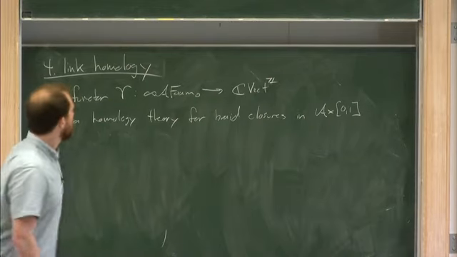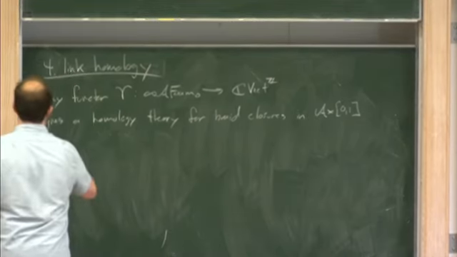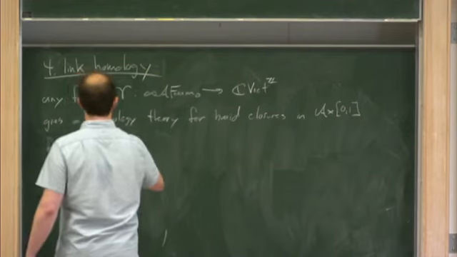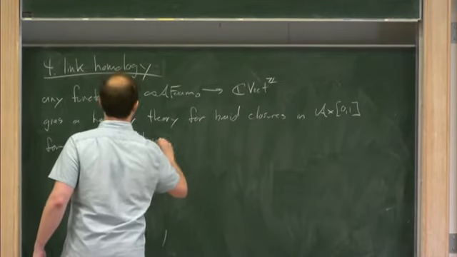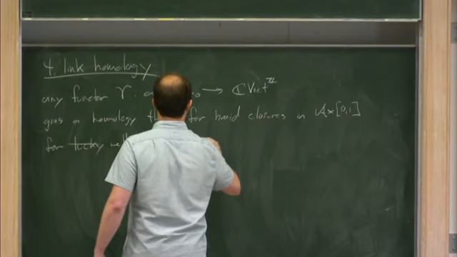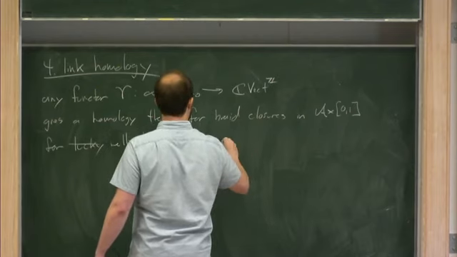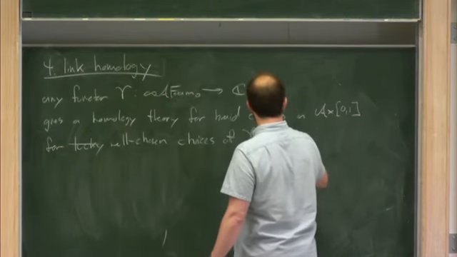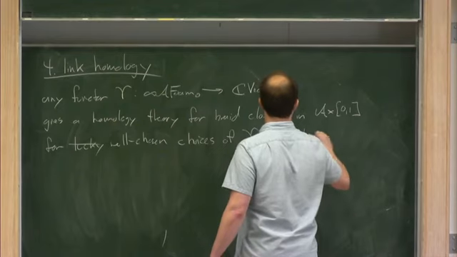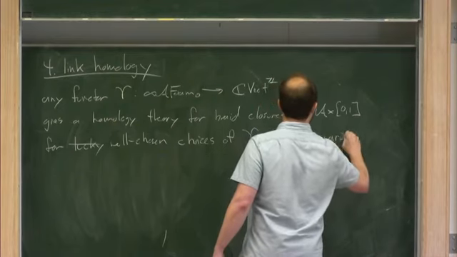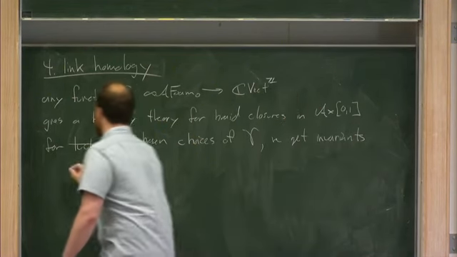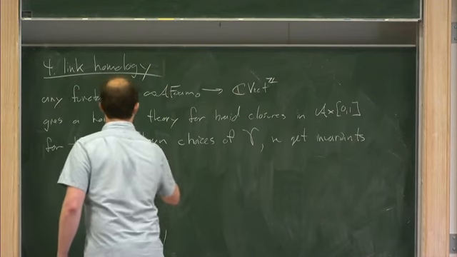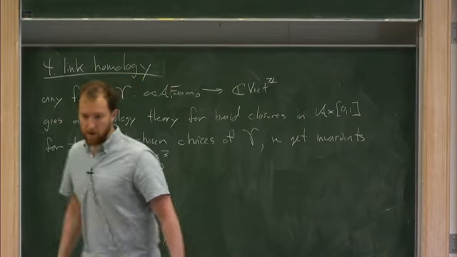And let me say for lucky choices, okay, maybe lucky is a bad word, for well-chosen choices of epsilon, we get invariance of links in S3.